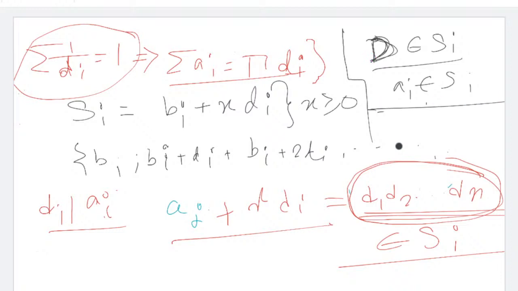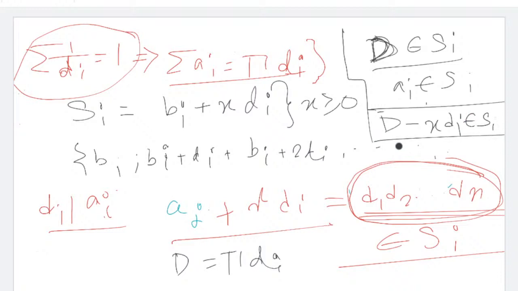Yes, give me a second. Capital D is the product of all the Di. So we are using the fact that D minus x times Di, for all integers x, must also belong to Si, right?